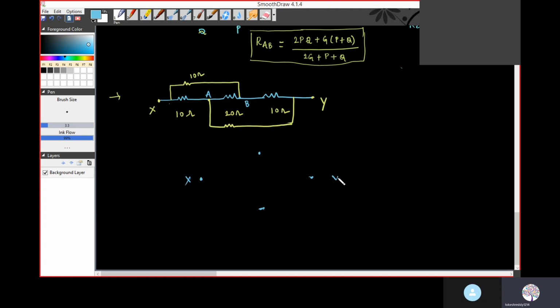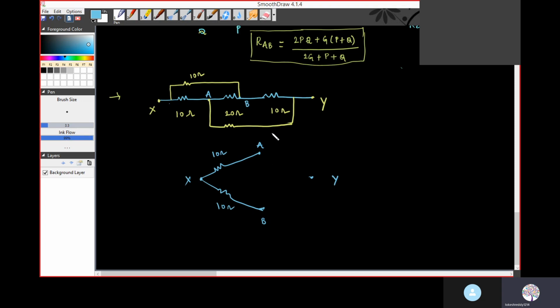This is X, this is Y. From X to A, one resistor is there, and X to B, one resistor is there. So X to A is 10 ohms. This is also 10 ohms.